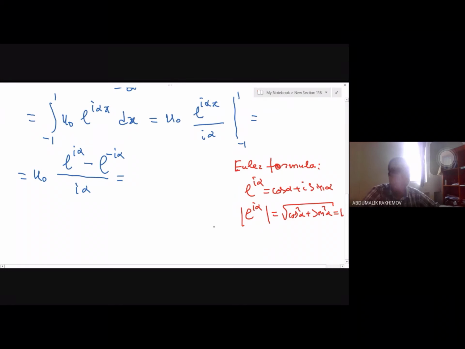So if you use Euler's formula for both exponents, you will get this one, u0 times: first is cosine alpha plus iota sine alpha, right? Second one is minus cosine alpha minus iota sine alpha, right?